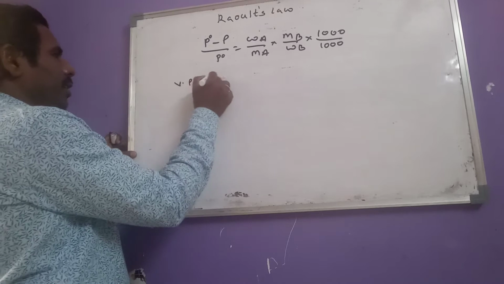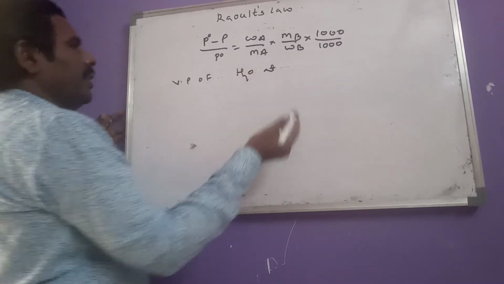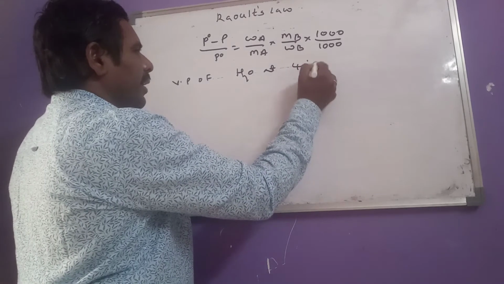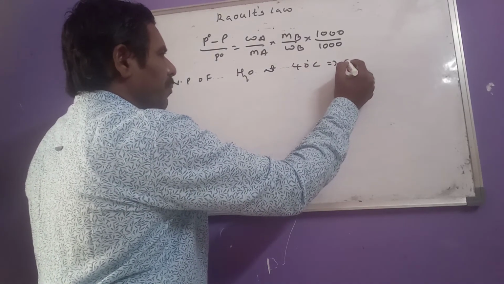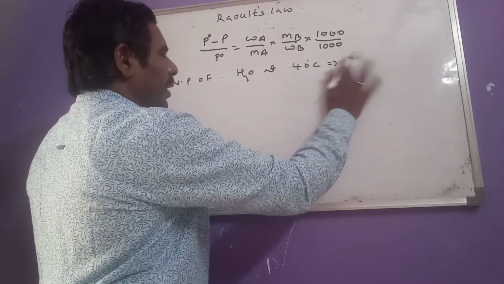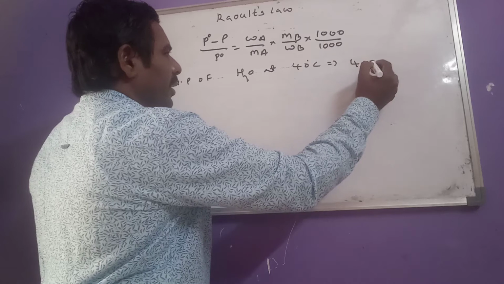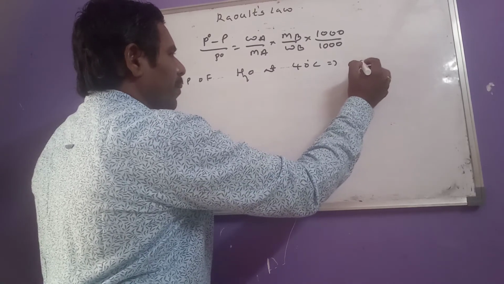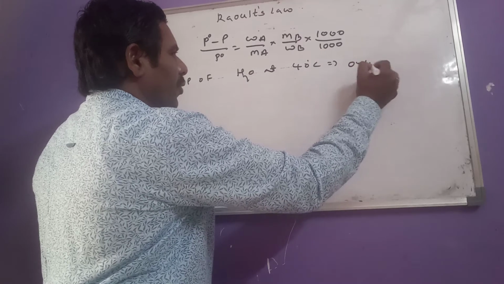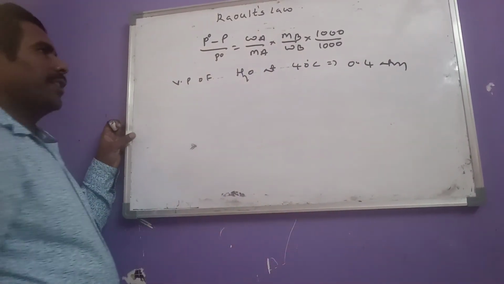Vapor pressure of water at 40 degrees centigrade is how much they have given here? For example 7. Let us consider this as 0.4 atmosphere.